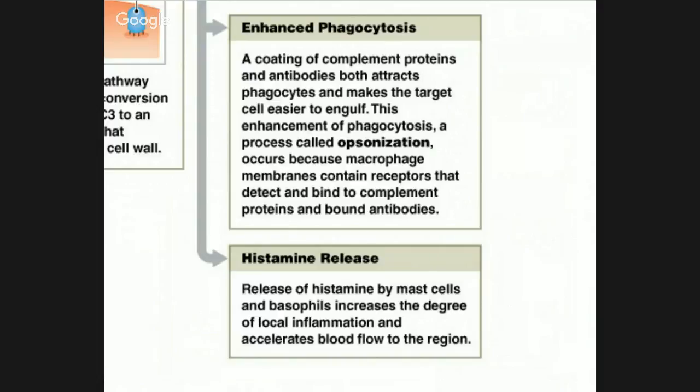So the enhanced phagocytosis is really because C3b is attached to the surface of the cell. That'll interact with the phagocyte's cell membrane and make it easier for it to do its job.